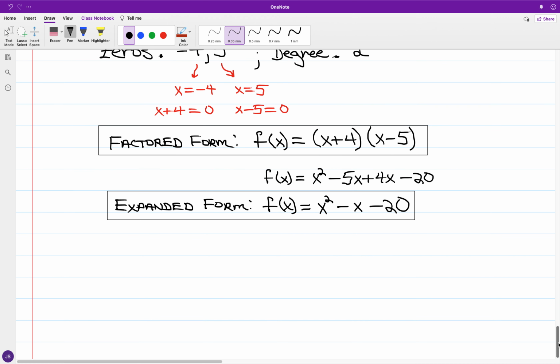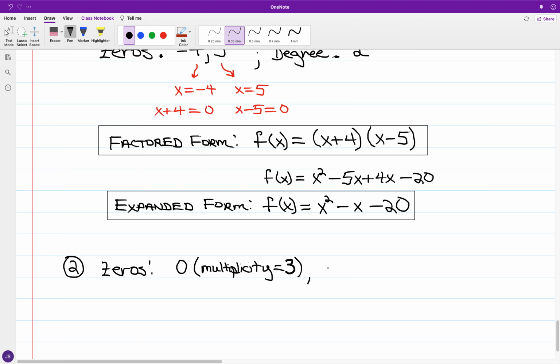Now for what we have regarding multiplicity, let's say for your zeros, we have 0, and we'll say it has a multiplicity of 3.